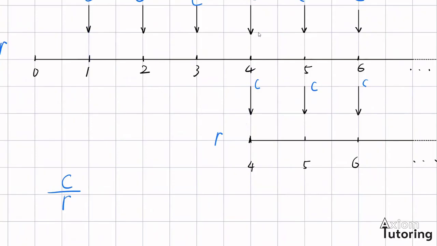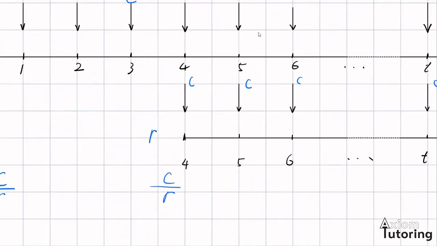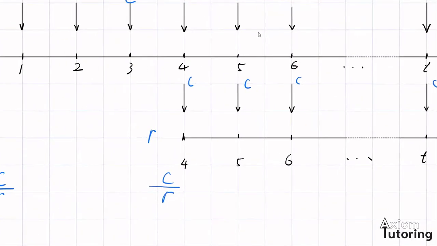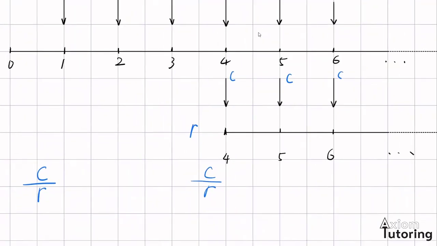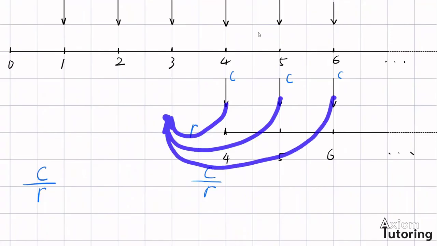So what does it mean if we just apply the C over R to the second perpetuity? That's the value from the time perspective of year 3. We're discounting everything back to year 3, not year 0.